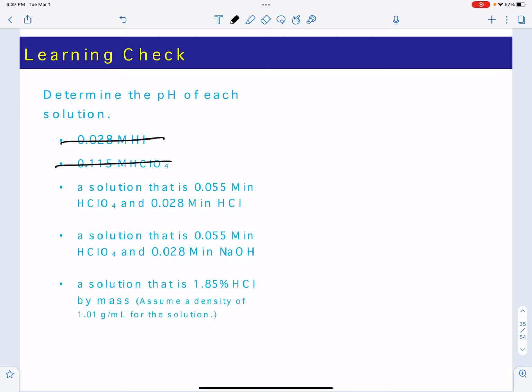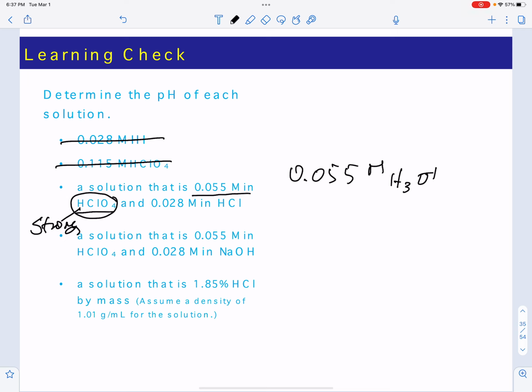What about this one here? You've got 0.055 molar perchloric acid, which is a strong acid. So we know we have 0.055 molar of hydronium because it's a strong acid.